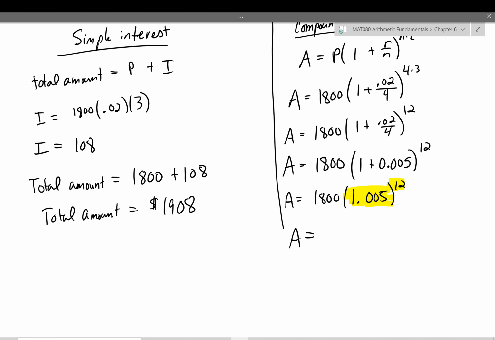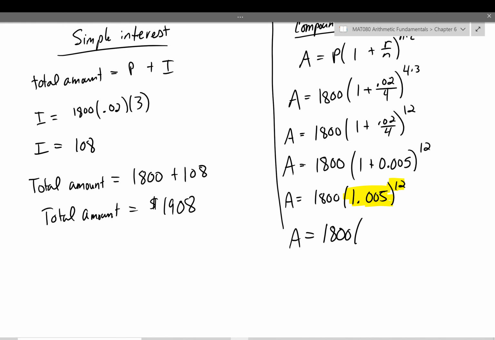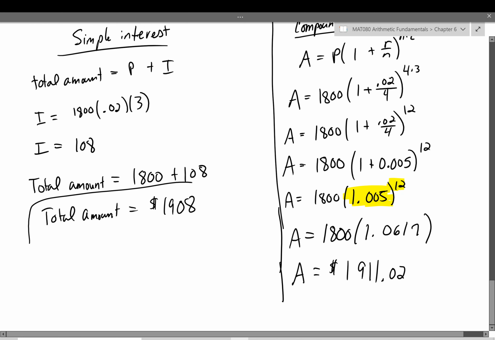So 1.005 raised to the 12th power is 1.0617. We'll round to 4 decimal places, okay? And then last but not least, we just take these two numbers and multiply them. And it gives me $1,911.02.